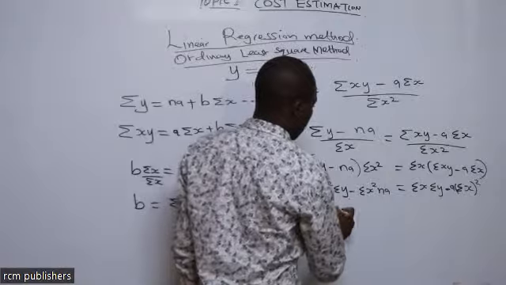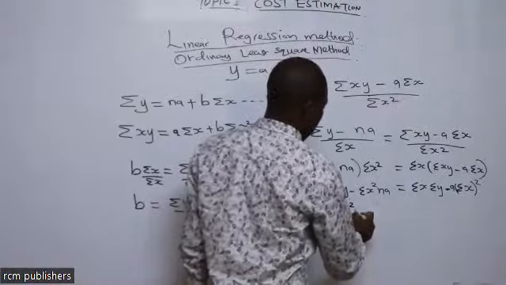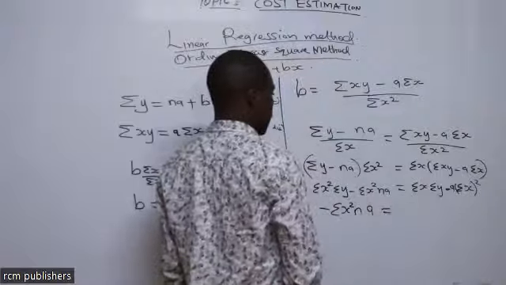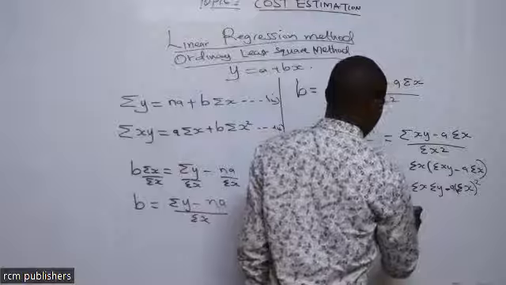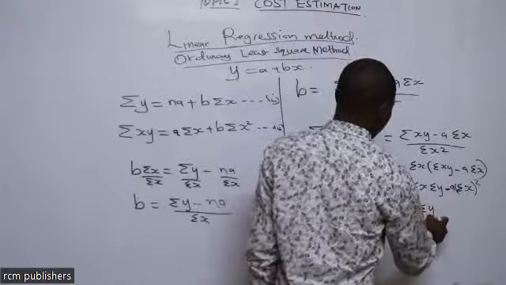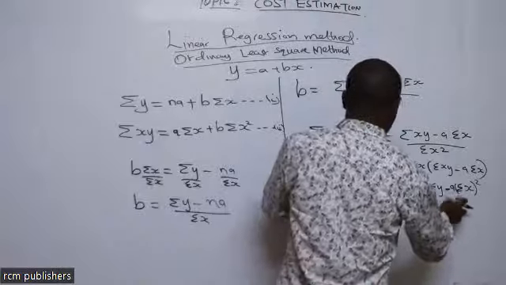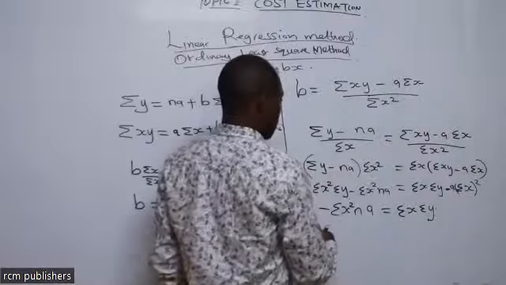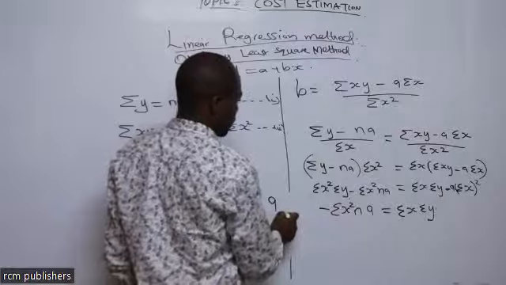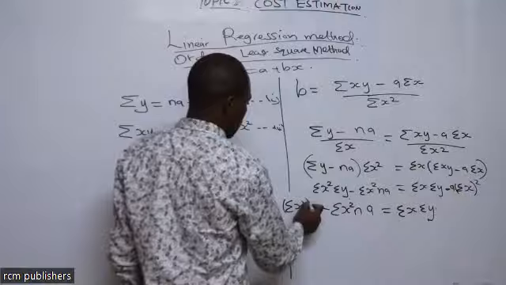So we have minus summation of X squared NA is equal to this summation of X, summation of Y, minus, so this one here, we are going to bring it this side to be plus, that is A summation of X squared.